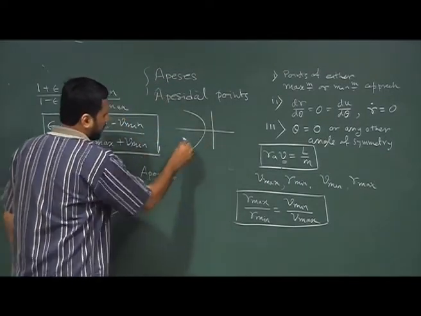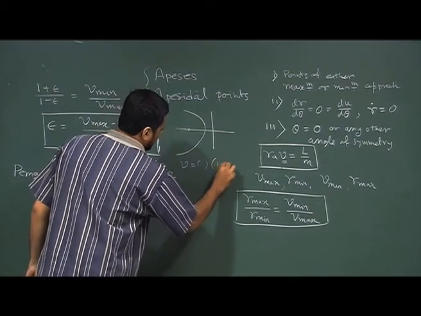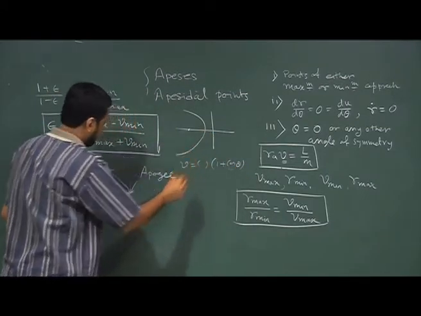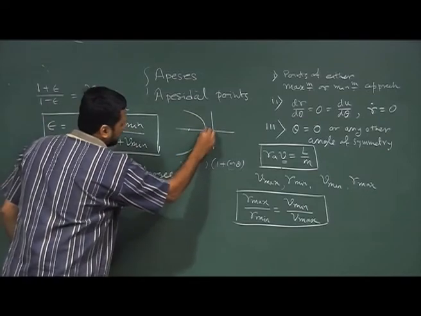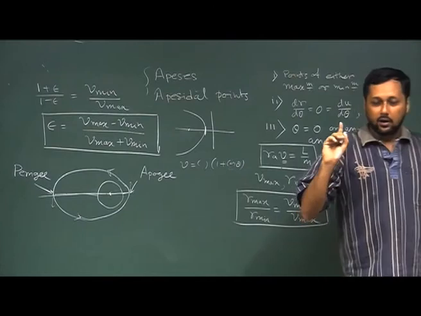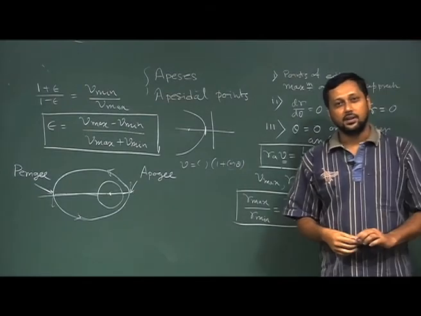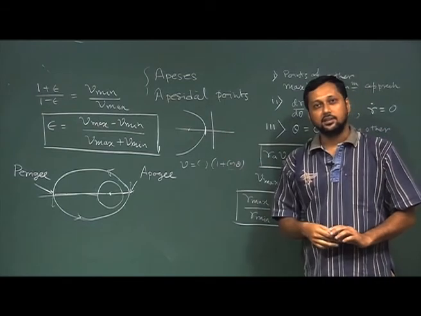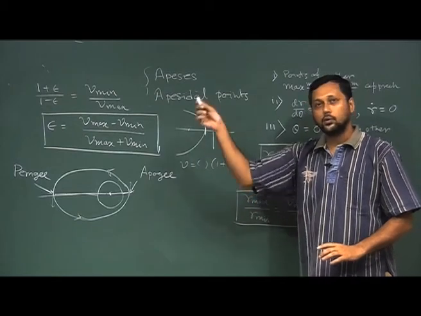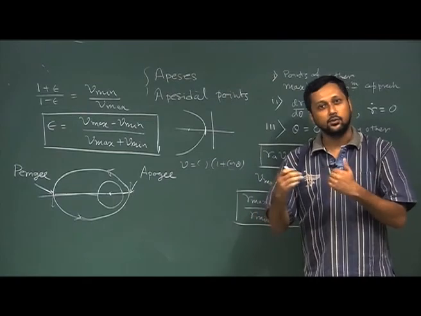Also, for the parabola we drew previously, the velocity was some constant times 1 plus cos theta. So, one of the apsides, the perigee distance is this, and the apogee distance was at infinity. Now, for a parabolic orbit in an inverse square force field, velocity at infinity essentially means that the particle has gone to infinity with 0 energy, because at infinity the effect of attractive force is also 0.